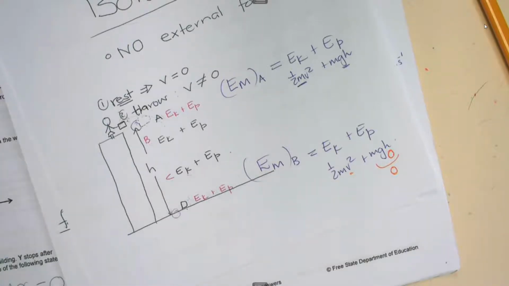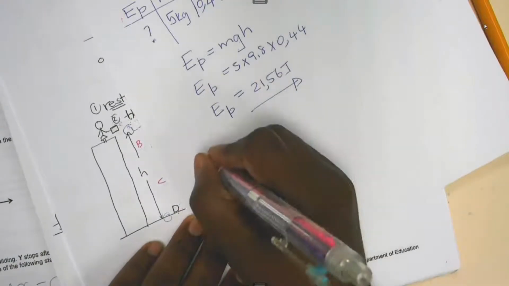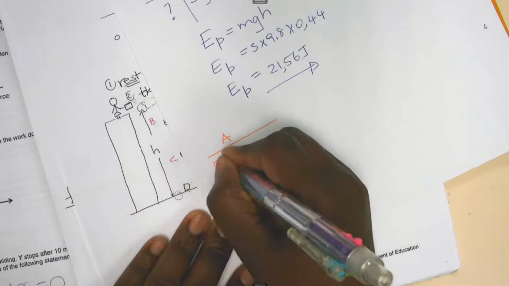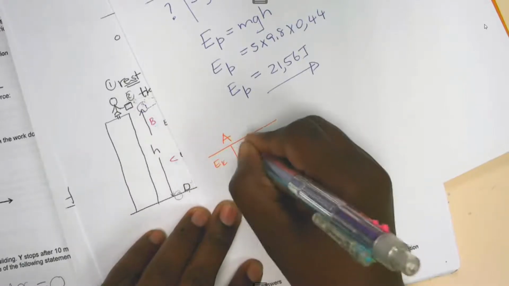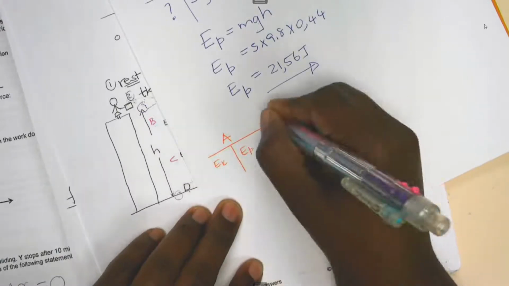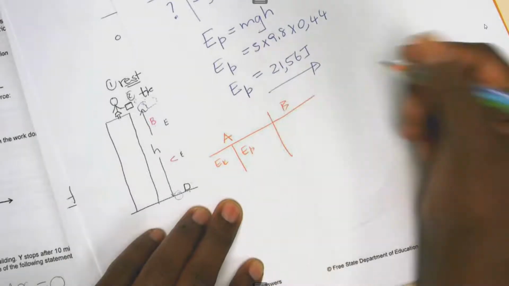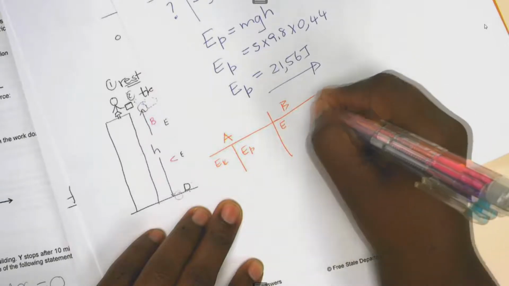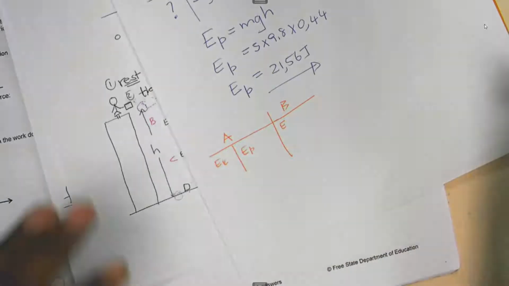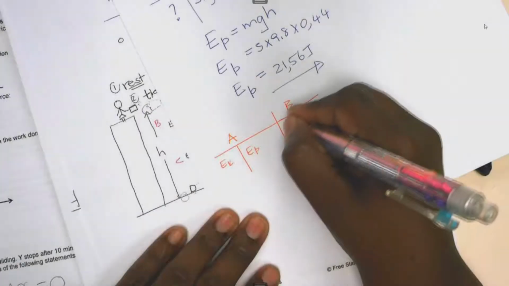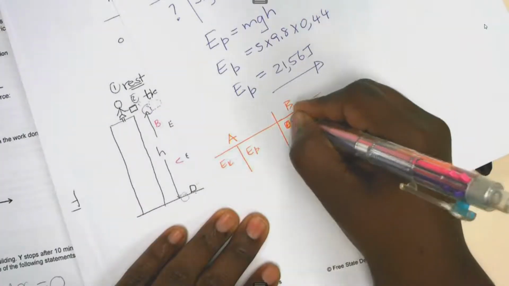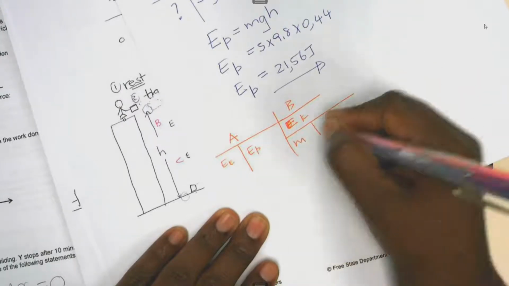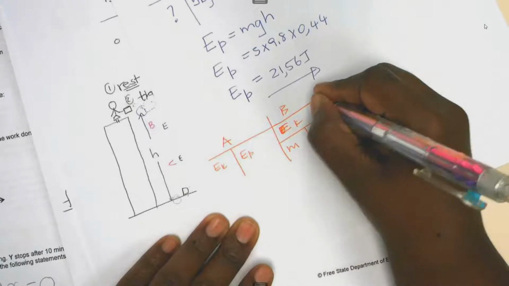What we can do is to say, okay, at A, we have EK, we have EP. Then at B, or final, EK, I think here because we want velocity, we can say at B. For EK, we are having the mass and we want the velocity.